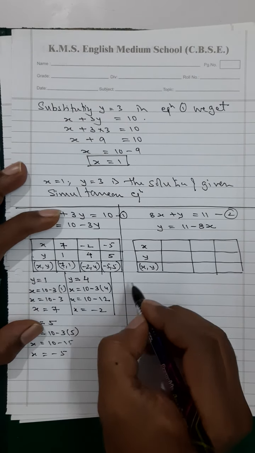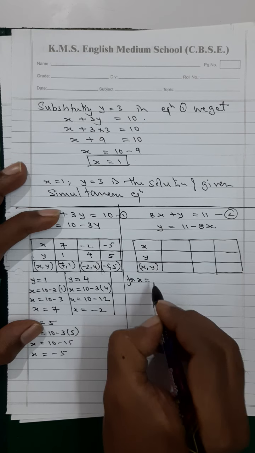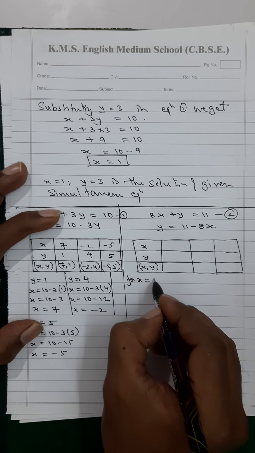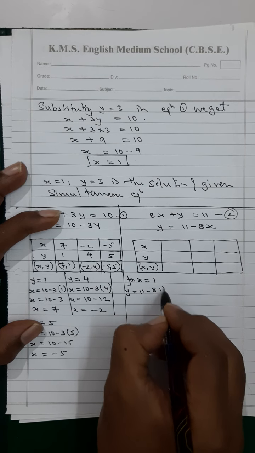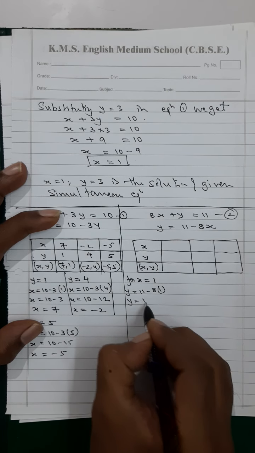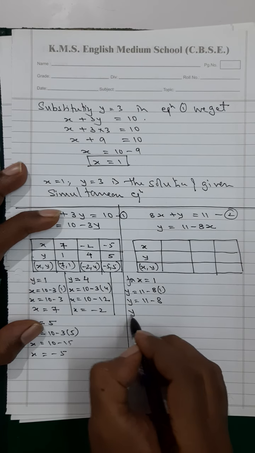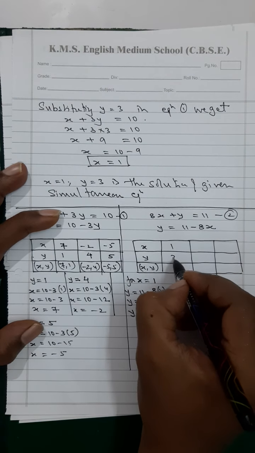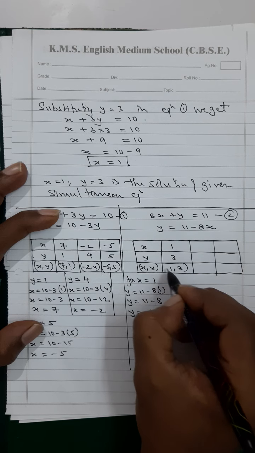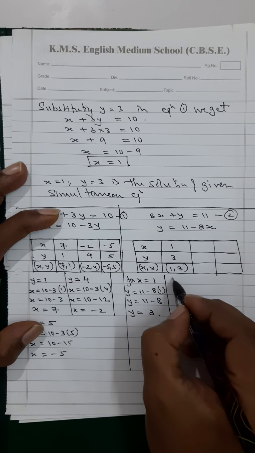So for x is equal to 1, y is equal to 11 minus 8 into 1, y is equal to 11 minus 8, 3. So x is equal to 1, y is equal to 3. Fine. Now I go further.